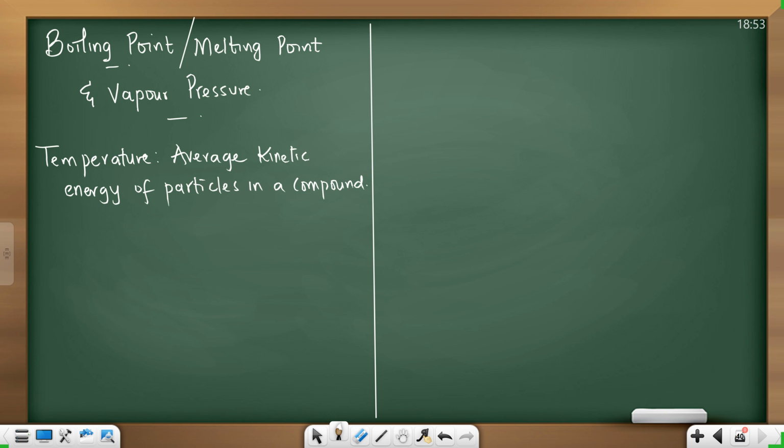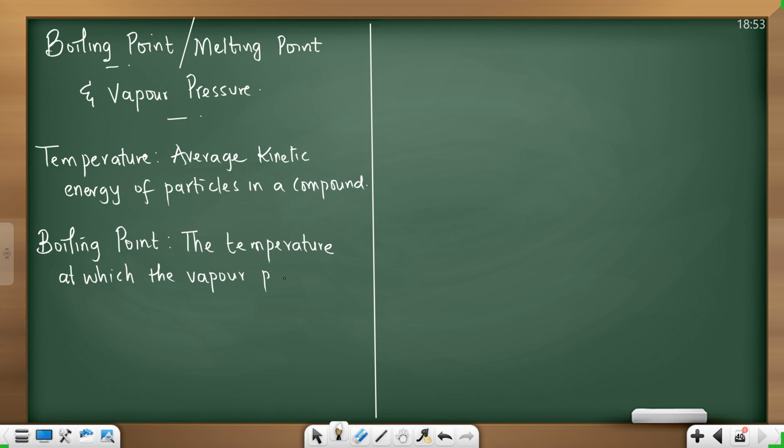Now we go to our main definitions. We are going to start with boiling point. Please don't write "temperature at which something boils." You will be arrested. Let's define boiling point. It is the temperature at which the vapor pressure of a liquid equals the atmospheric pressure.